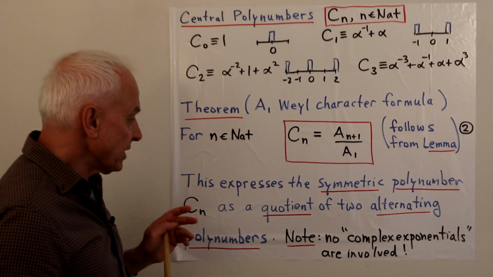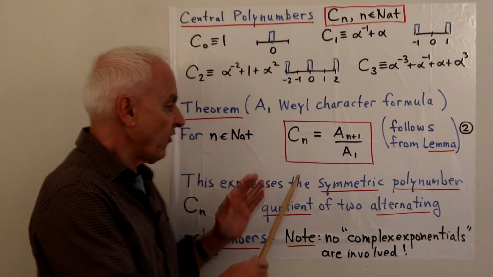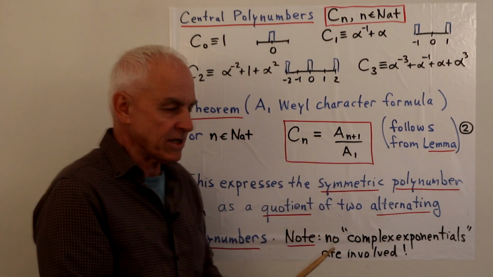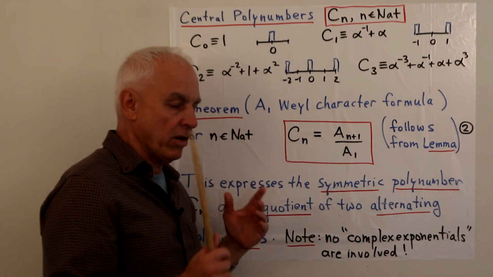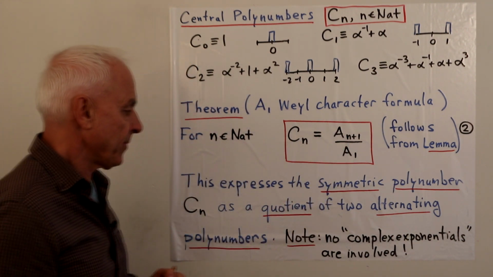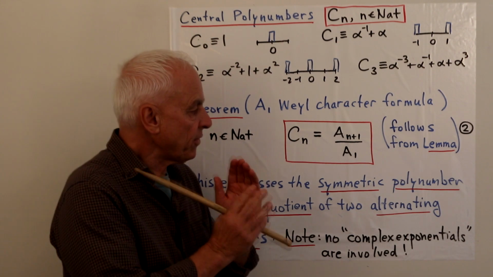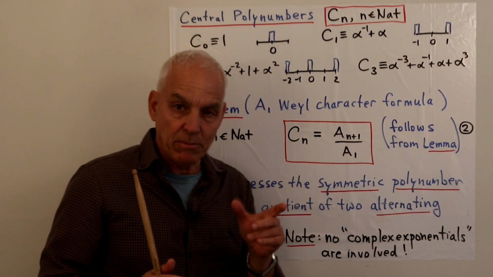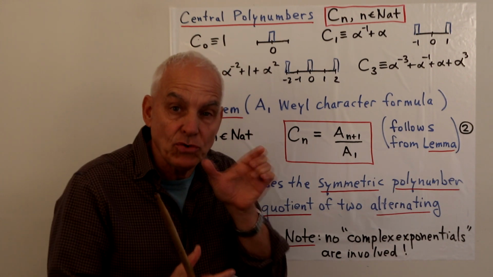So what this does is it connects the world of symmetric Pauli numbers with the world of alternating Pauli numbers. It expresses a symmetric Pauli number as a quotient of two alternating ones. And perhaps you could think about it this way, that the alternating ones are in principle relatively simple because they each consist of just two terms.